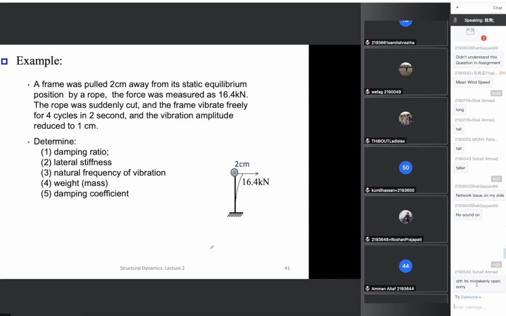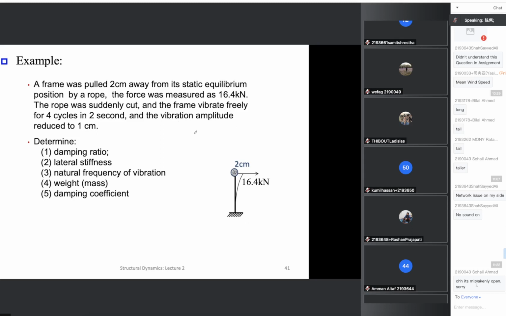So let's see this example. We have a frame which can be modeled as an SDF system. We pull it 2 centimeters away from its static equilibrium position by a rope. We pull this structure away from its original position, and the horizontal force measured was 16.4 kilonewton.